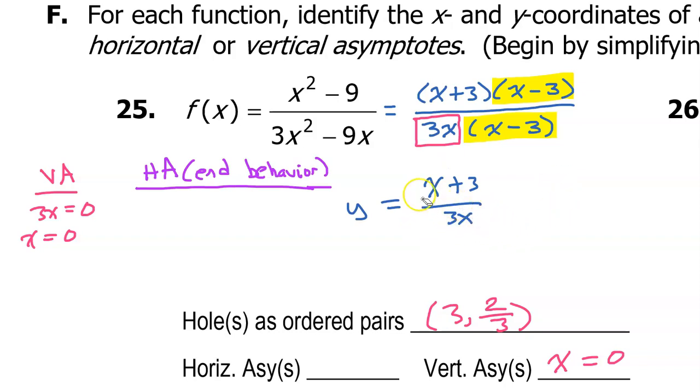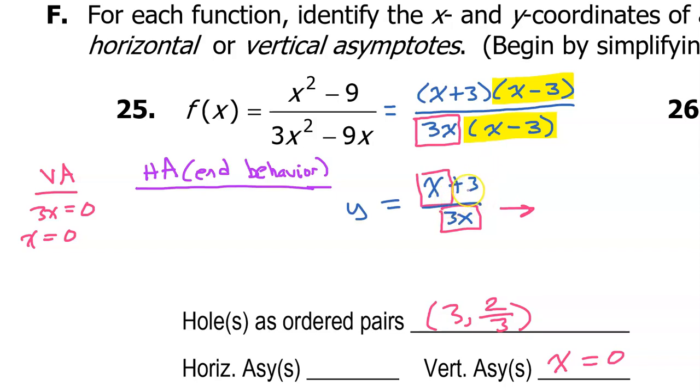So imagine, as we talk about the end behavior, this is going to approach, okay, I'm asking myself what matters most. So in the numerator, as we approach infinity, this term and this term will be the only terms that matter.